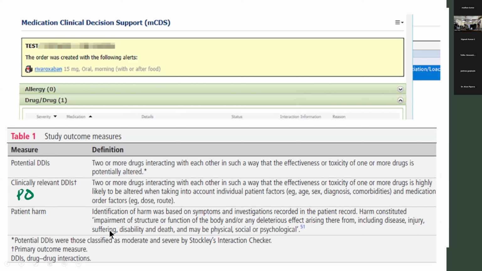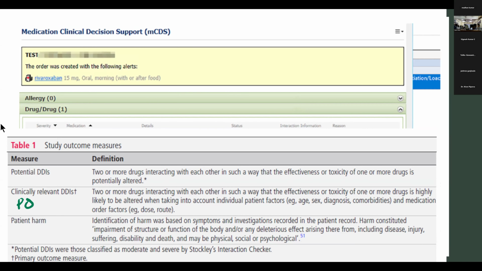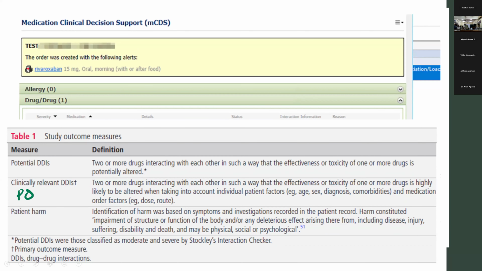Harm they defined as any serious damage to structure or function of the body, any suffering, any disability, any physical, social, or psychological harm. So these were the three outcomes they looked at.